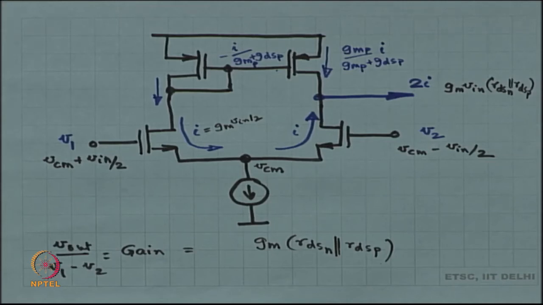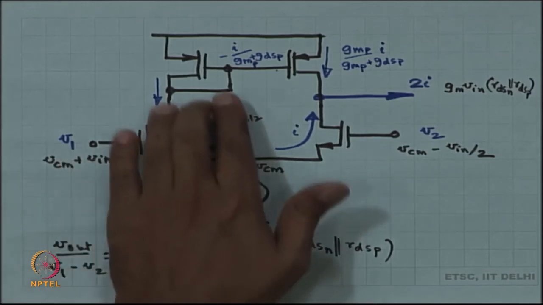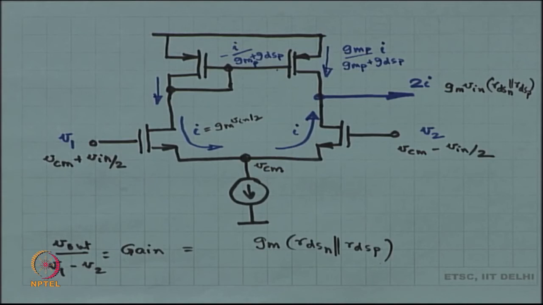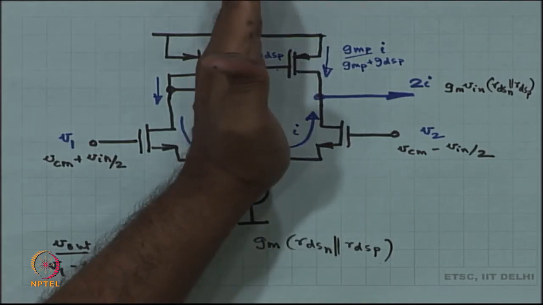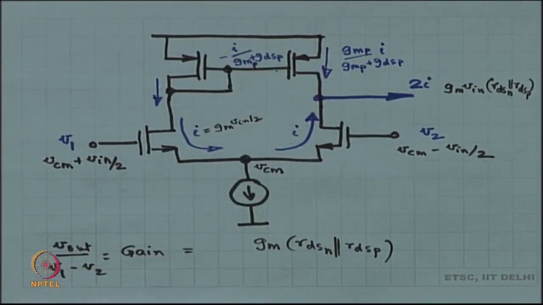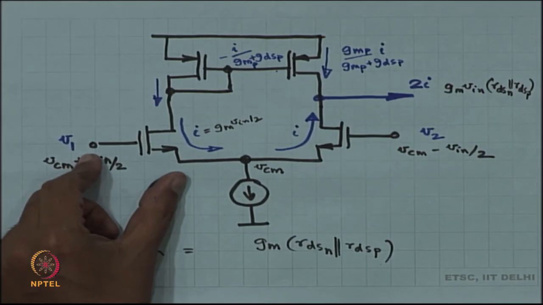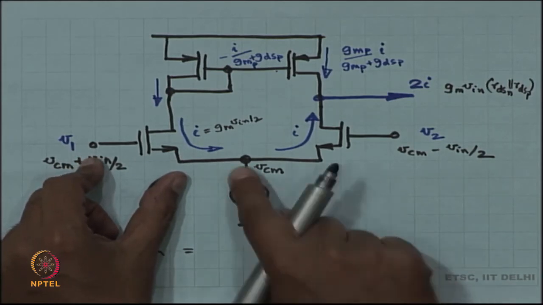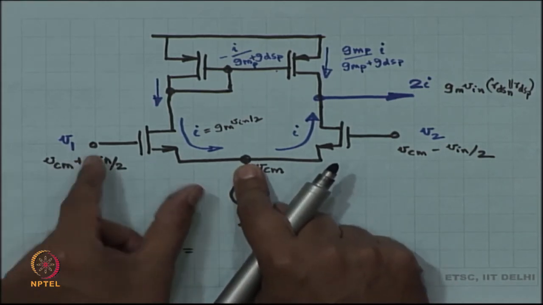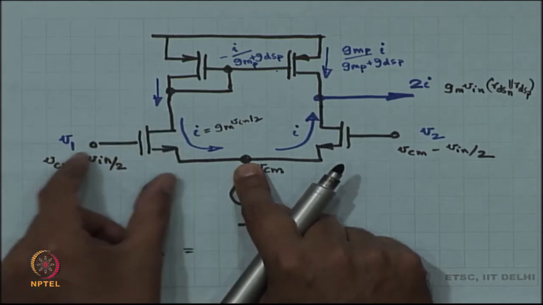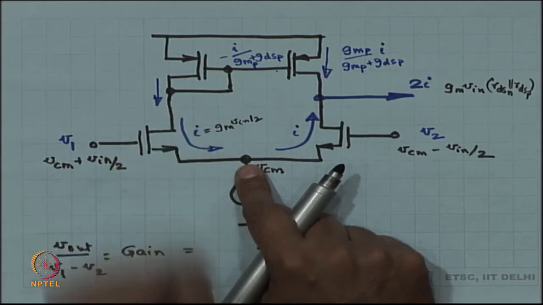Fine. What would have happened if this was symmetric? If this was symmetric, you would have broken it up into half circuits, right. In each half circuit, you are applying V in by 2, this is now ground. So the short circuit current is GM V in by 2.